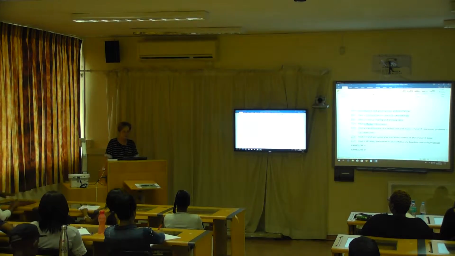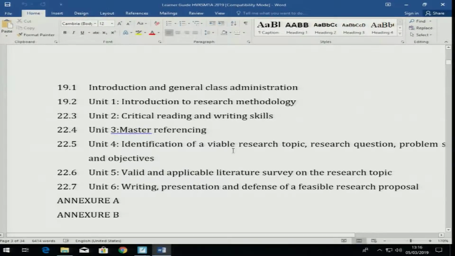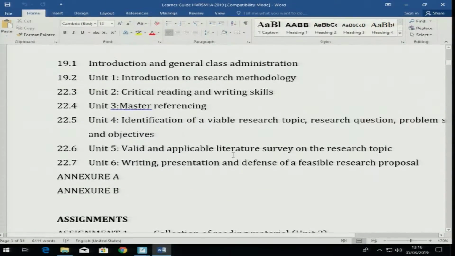Then Unit 4, which will be in the second semester, is identification of a viable research topic, a research question, problems and objectives. Then we will also do a literature survey.